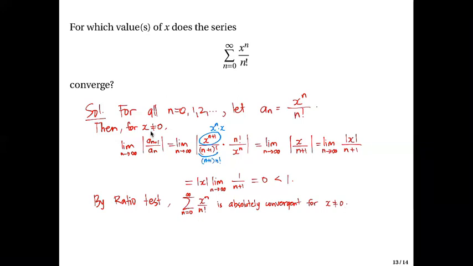And definitely, when x equals 0, we just have the sum of 0 to the n over n factorial, n from 0 to plus infinity. But this is just equal to 1.